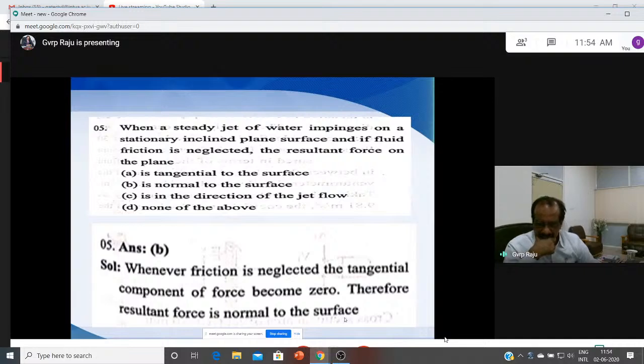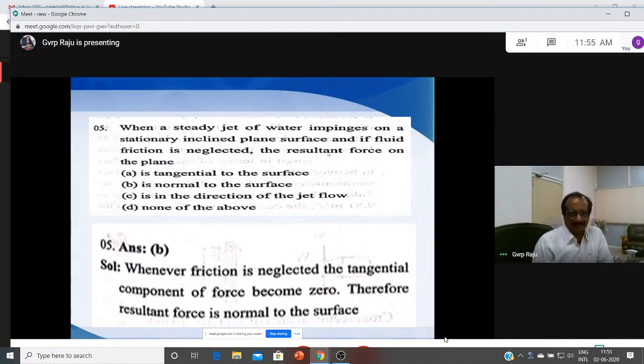Whenever friction is neglected, the tangential component of the force becomes zero. Therefore, we have only the normal force. The tangential force is in line with the surface, and when the frictional force is not there, the tangential force is 0, then we have only the normal force. So the resultant force is normal to the surface.